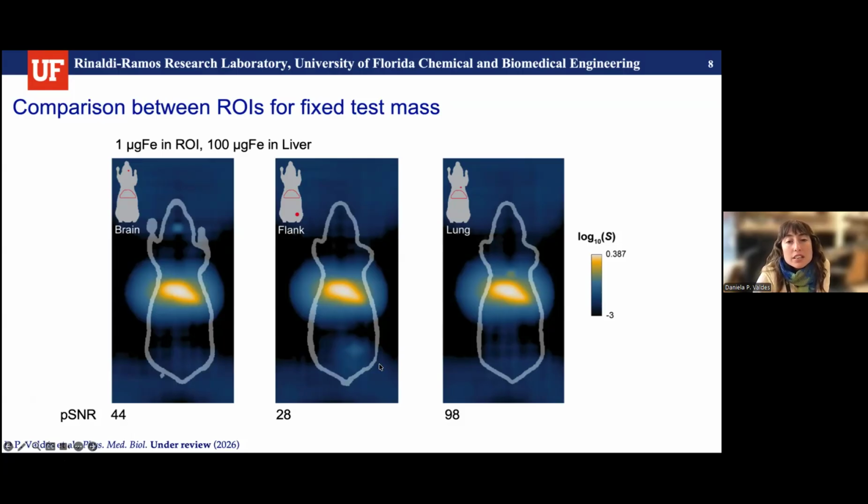But the flank is a case where it is far away from the liver, but the signal values are lower. The SNR is lower too, and it's more spread out. So for the same mass, if we compare brain and flank, flank is going to have lower signal values, and it's going to be more difficult to distinguish from the background, as you see here.